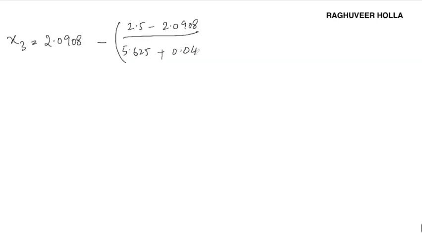We got that new root as 2.0908 minus (2.5 minus 2.0908) divided by (5.625 plus 0.04178), multiplied into minus 0.04178, which is equal to 2.0938.